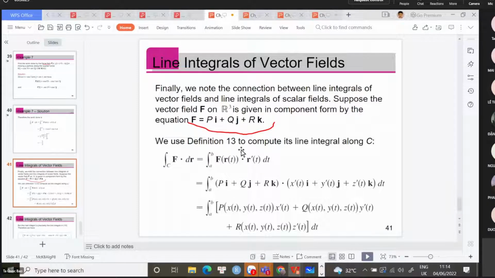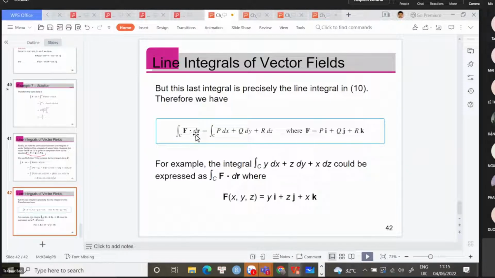Look here: F has a representation in i, j and k because it's a vector, and r'(t) also has a representation. It looks like this. Therefore, this now becomes the integral of P dx plus Q dy plus R dz.